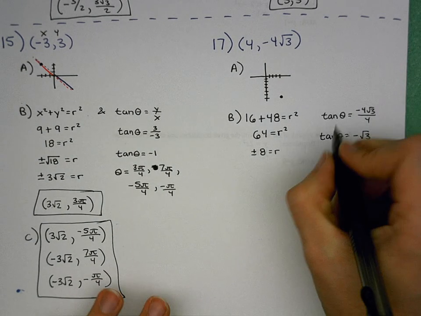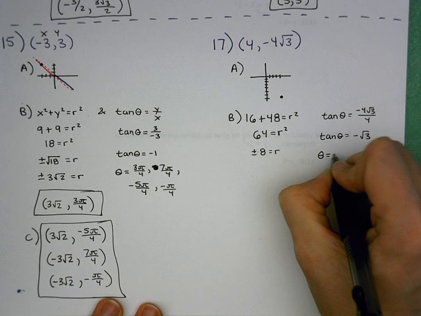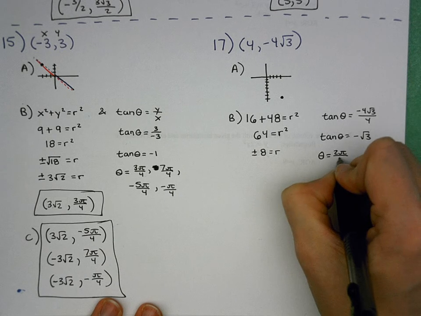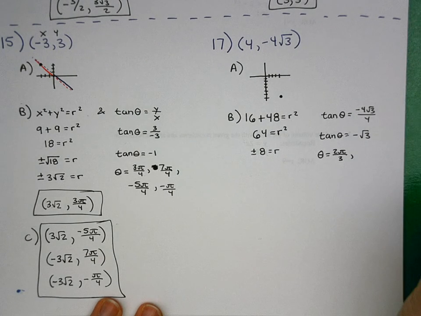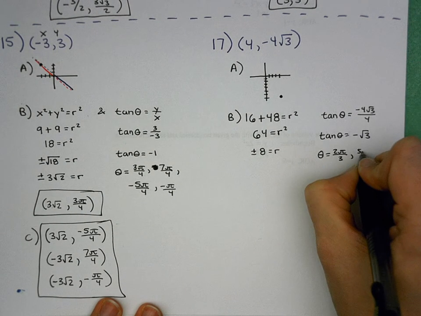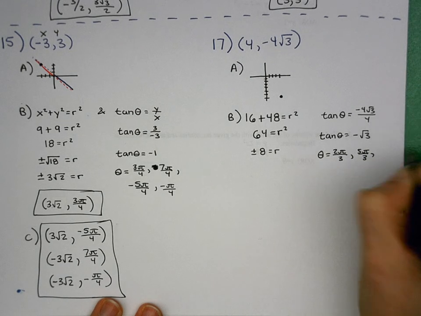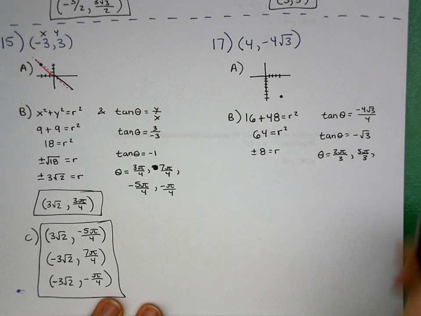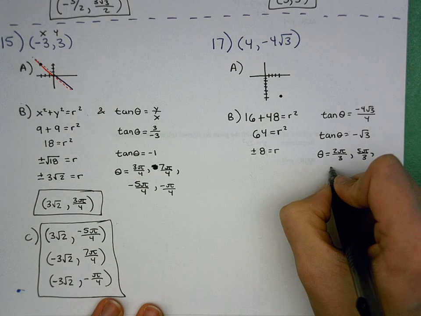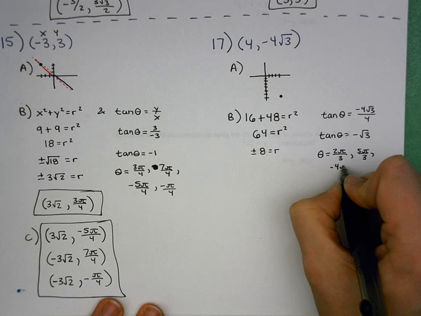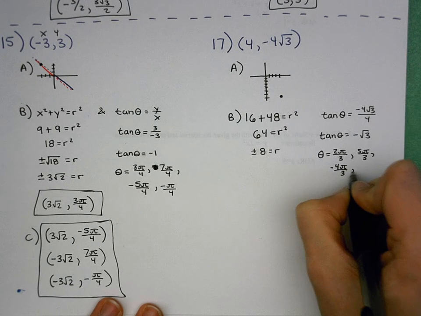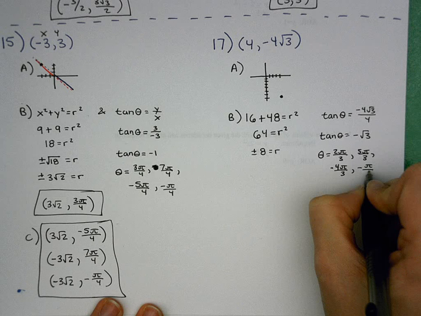And so in the second quadrant, the pi over 3 angle is 2 pi over 3. In the fourth quadrant, it's 5 pi over 3. And then their respective negatives, subtracting 2 pi, this would be negative 4 pi over 3 and negative pi over 3.